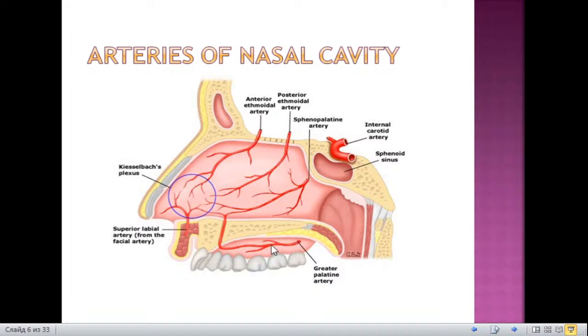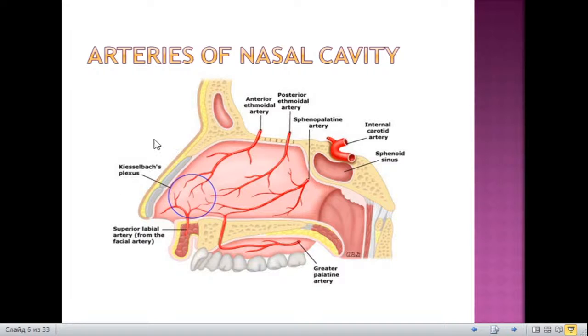Usually, the nasopalatine artery is a branch of the greater palatine artery, or it may originate from the sphenopalatine artery. In both cases, the greater palatine artery as well as the sphenopalatine artery are branches of the pterygopalatine segment of the maxillary artery from the system of the external carotid artery.